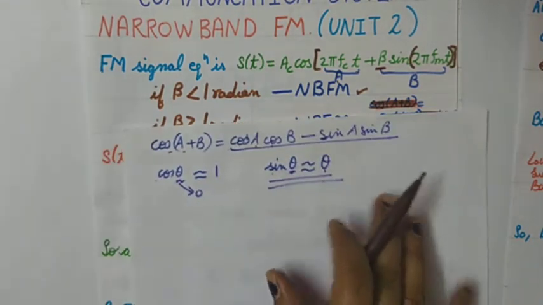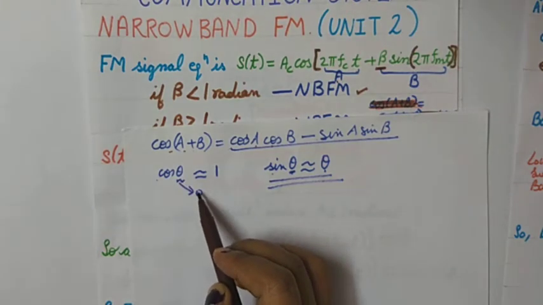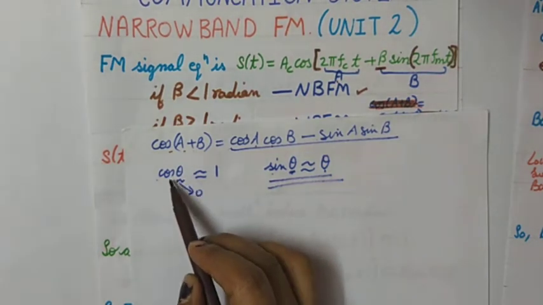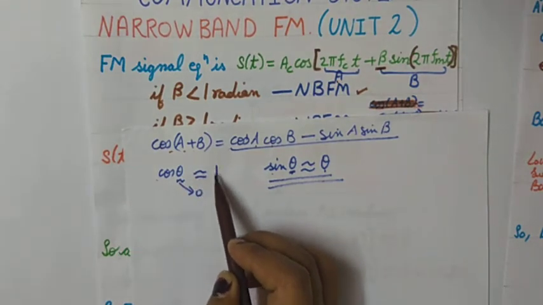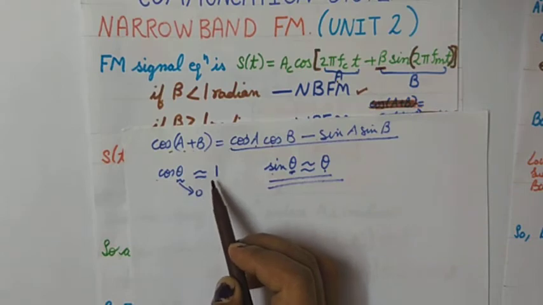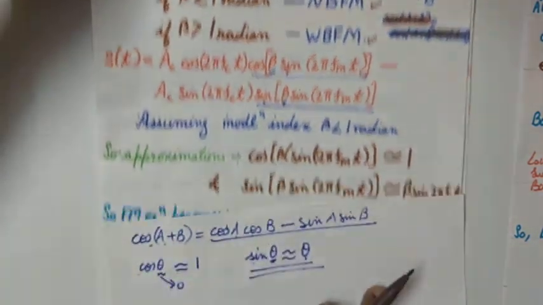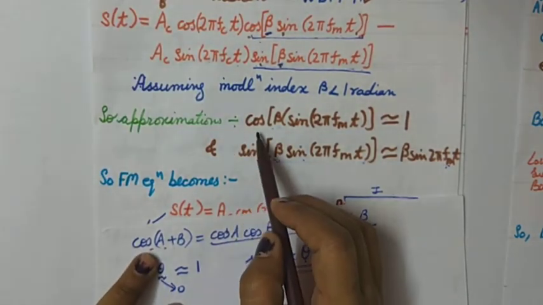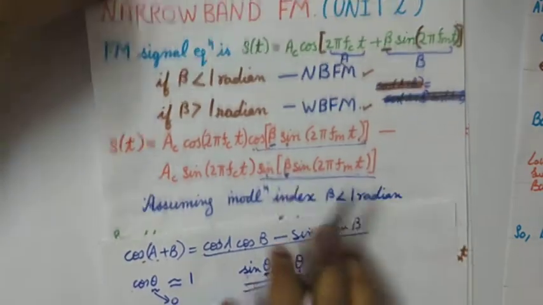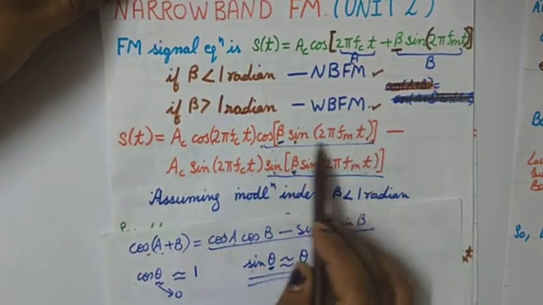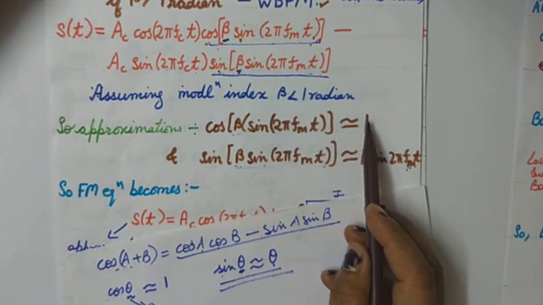So if we talk about cos theta, and this theta is nearly 0, the whole term will become approximately equal to 1. So cos theta will change to 1. That's why we have approximated cos of beta sine 2 pi fm t, this term, to 1.